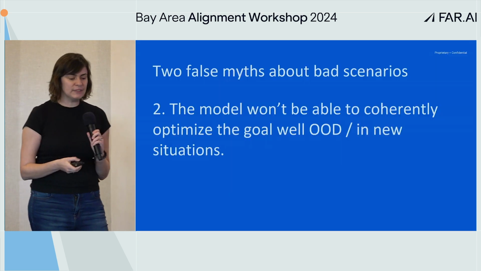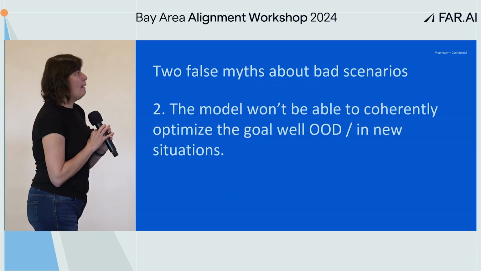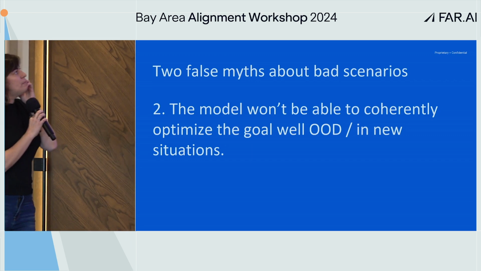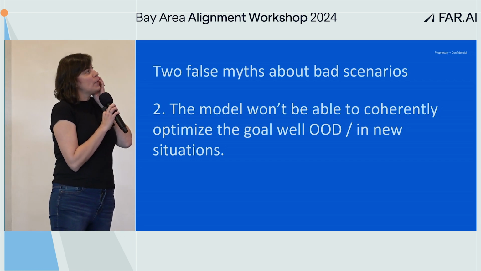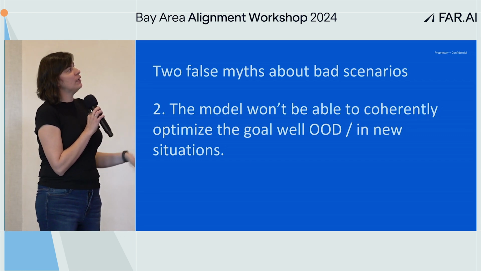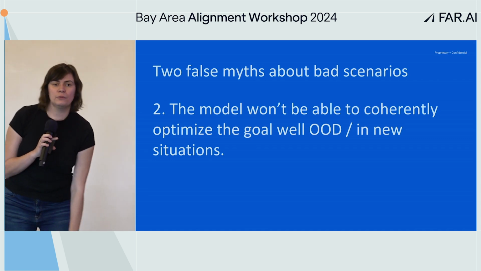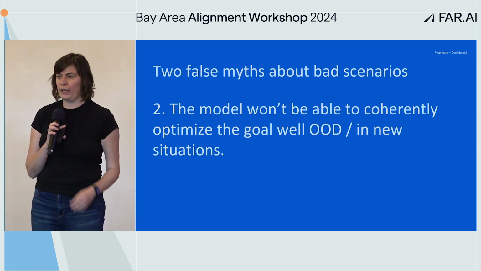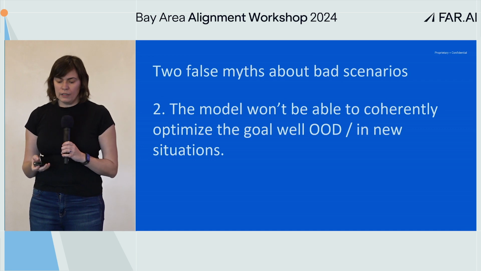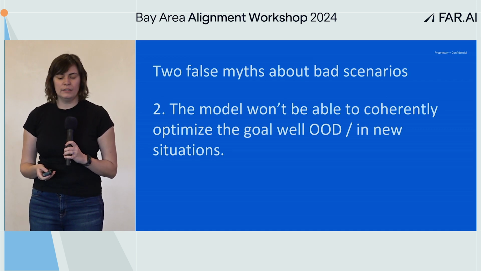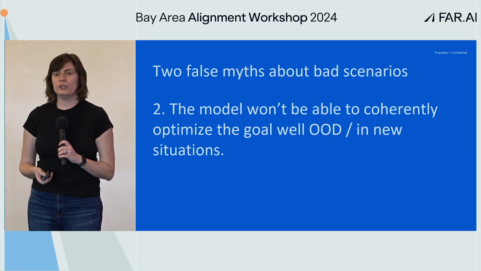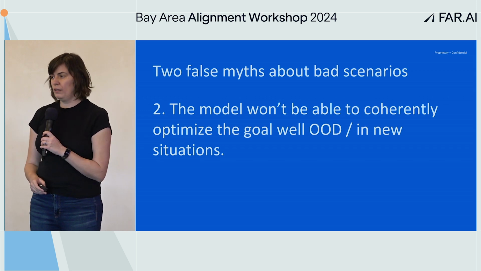I think this comes down to the assumption that the model won't be able to coherently optimize the goal well in OOD states or in new situations, and so we're okay. And I think big risks in optimized misalignment actually come when this assumption is wrong.